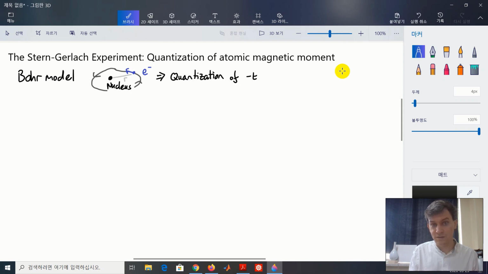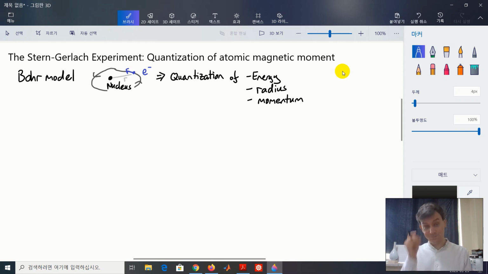As well as having energy, we also have quantization of orbital radius. We actually saw that in the derivation.